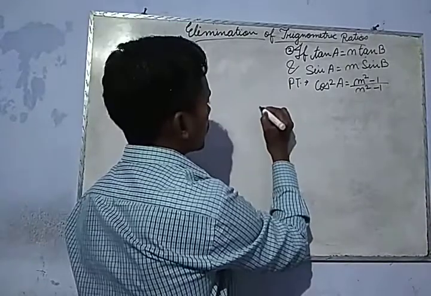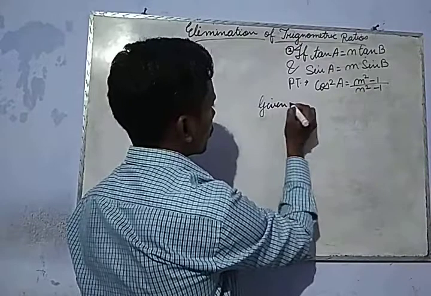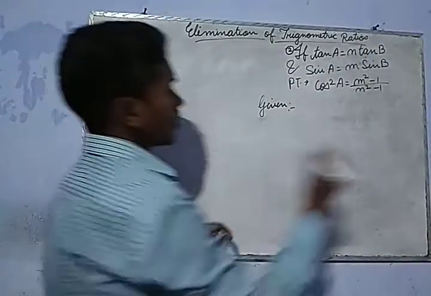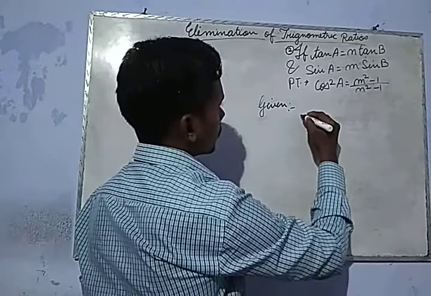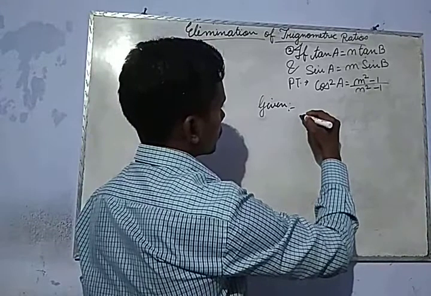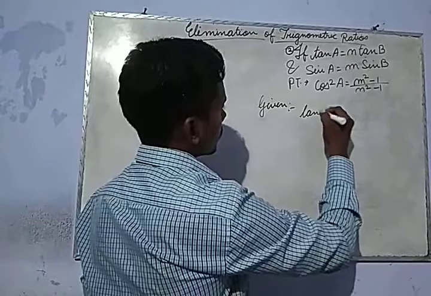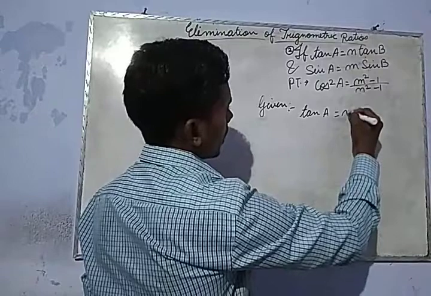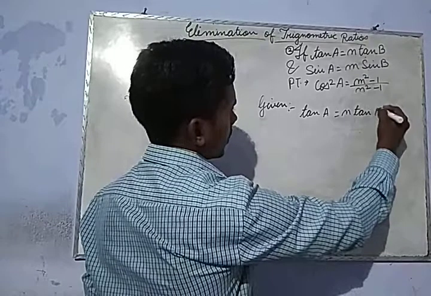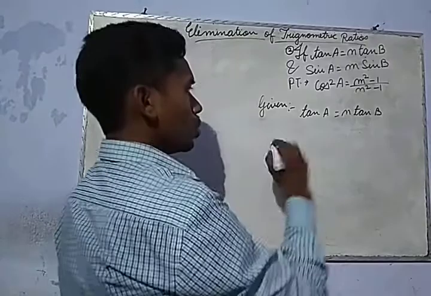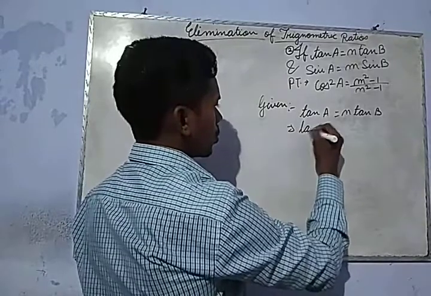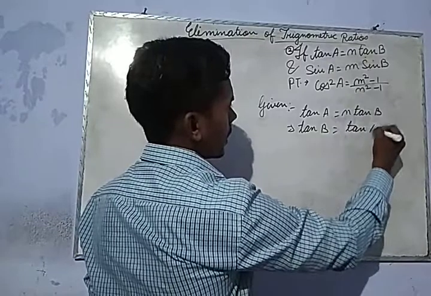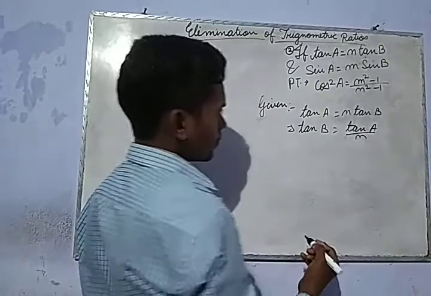First of all, tan A equals n tan B. So tan B equals tan A by n.